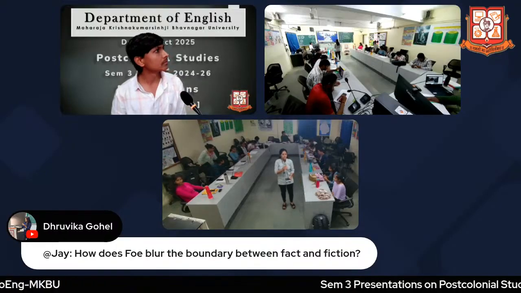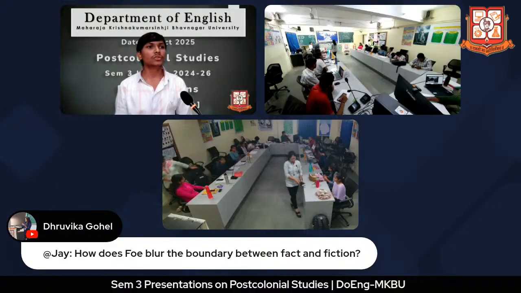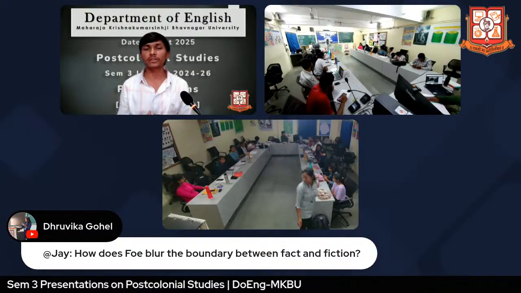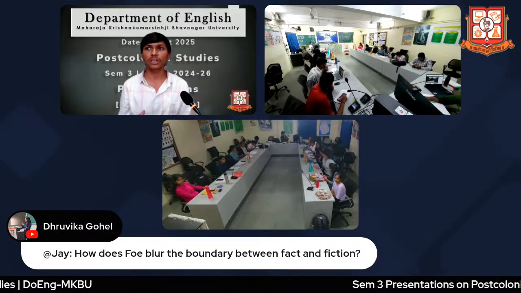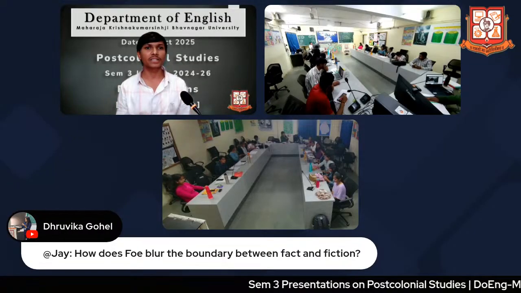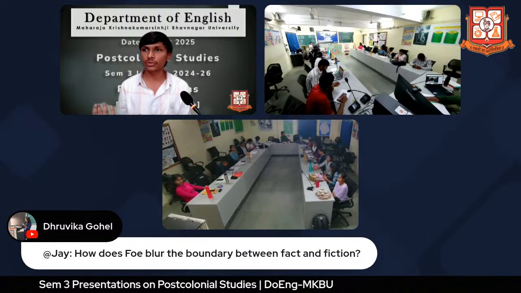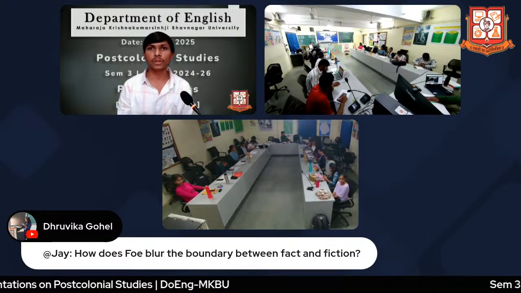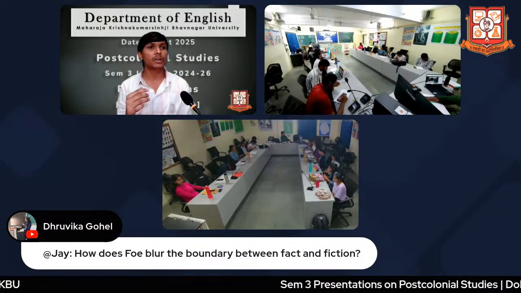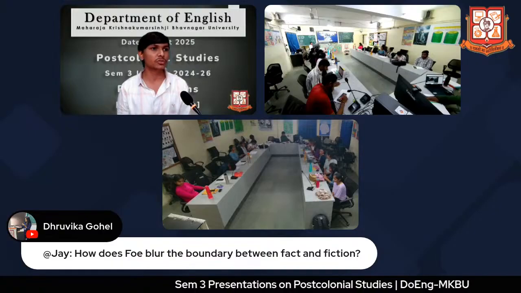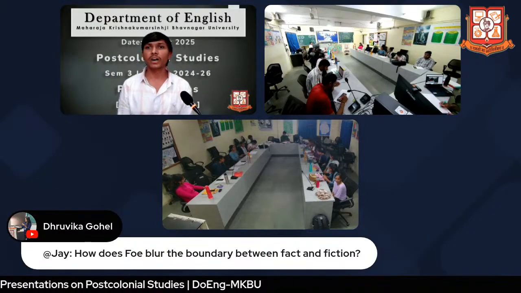My question is, how does Coetzee blur the boundary between fact and fiction? In Foe, we can find that so many things look real, and so many things look like a story. In the colonial era, old writers rewrote their stories to make them look real.